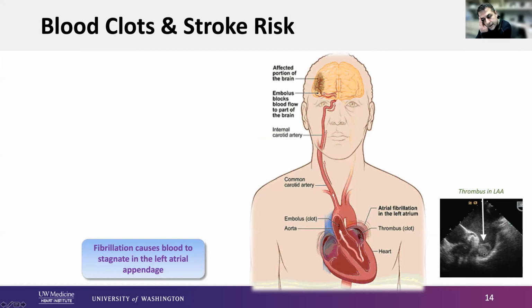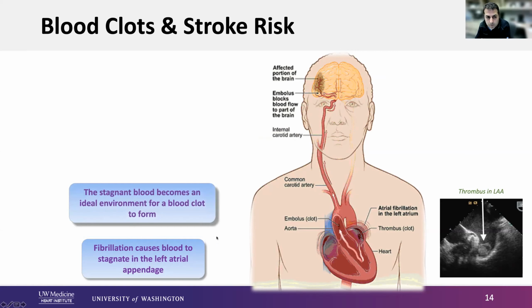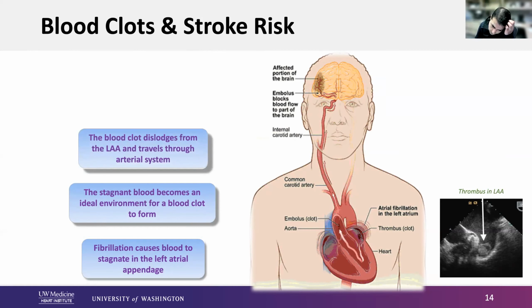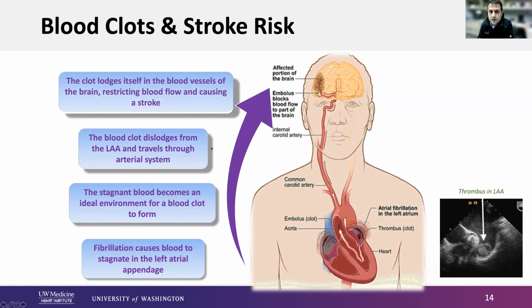So those blood clots tend to form in a recess in that left atrium called the left atrial appendage. And because it's a recess and it's not part of the mainstream of the circulation, it's prone for the stagnation and for the blood to clot over there. So stagnant blood turns into a clot. A piece of that clot or the entire clot will get dislodged, and it goes into the main circulation, and it goes downstream.